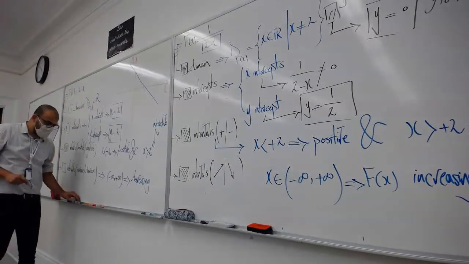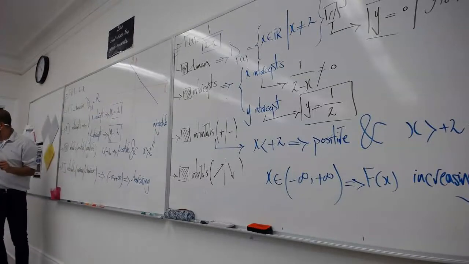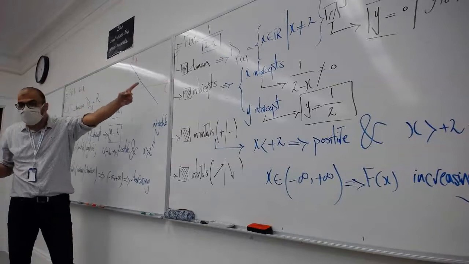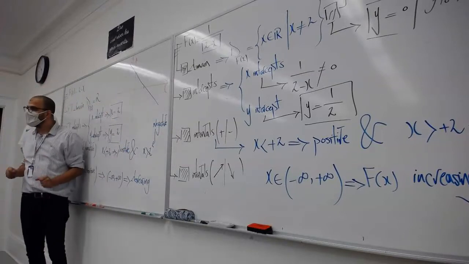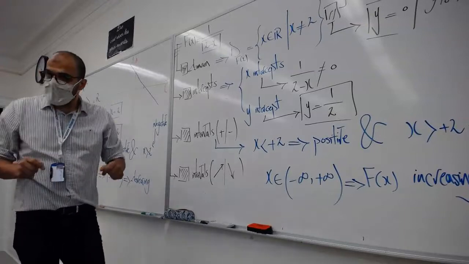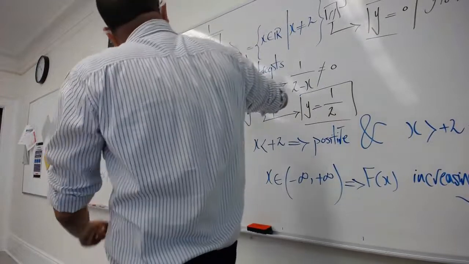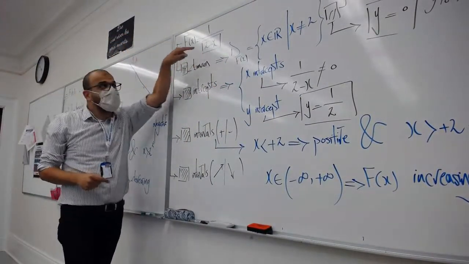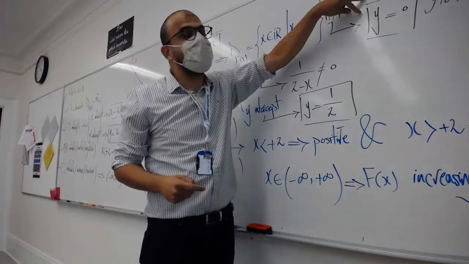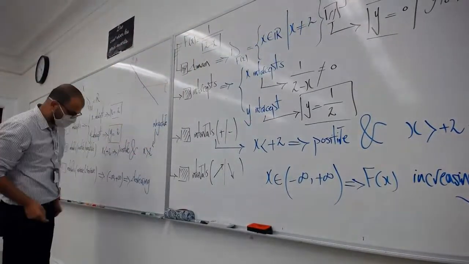Now, I'm going to plot that function, but it's not going to be hard because I have all the information which I need, and I'll tell you how I'm going to use it. The first one is the fact that I identified the domain, and from the domain I identified my asymptotes. I'm going to show the asymptotes here.